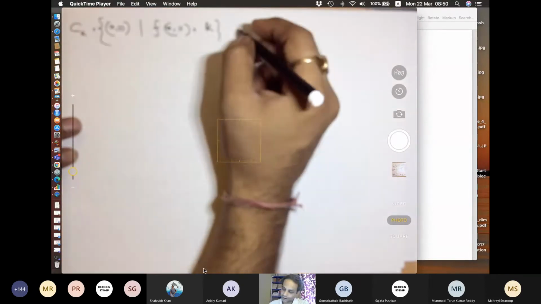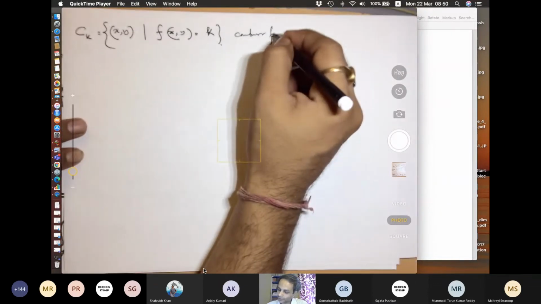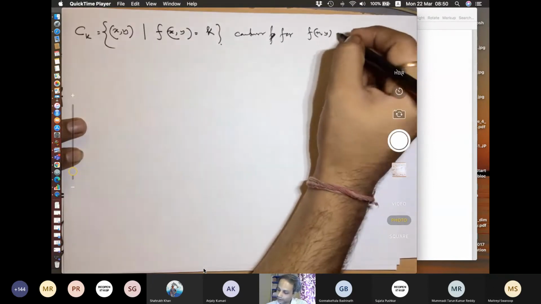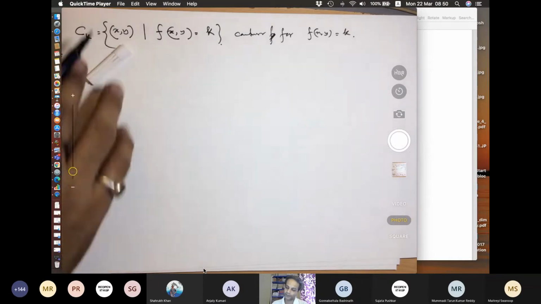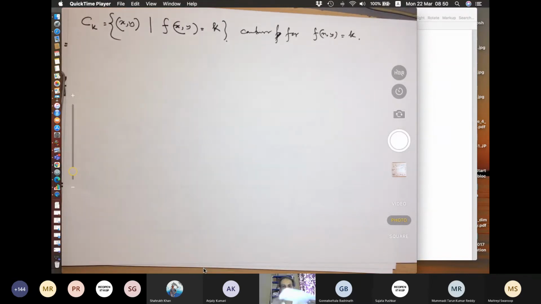So this is the contour plot, the contour for f(x,y) equals k. This is just a collection of all those points for which the surface f(x,y) has a fixed height. Or you can imagine it this way: you have that surface and you cut the surface with a horizontal plane.